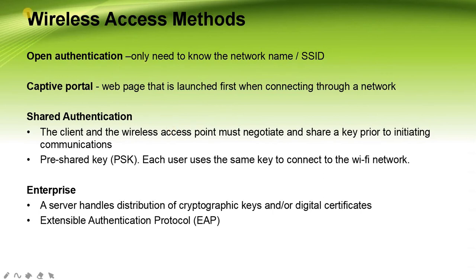Okay, wireless access methods. Multiple protocols have been developed to support security of wireless networks, including WEP, WPA, and WPA2. WEP is by all practical means no longer a viable method of maintaining any significant security.